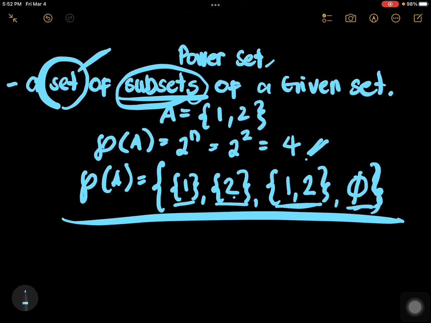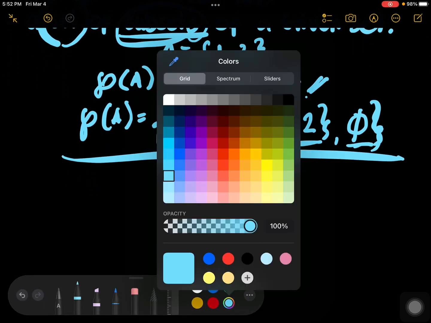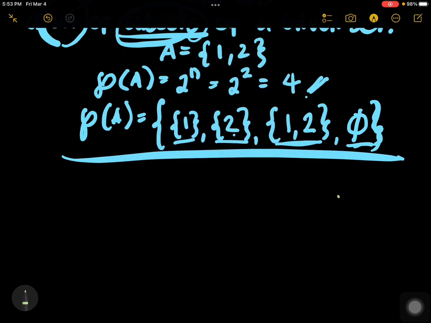Let me give you another example. Let's have another color. Okay. Let's have set B. Set B with elements 1, 2, and 3.